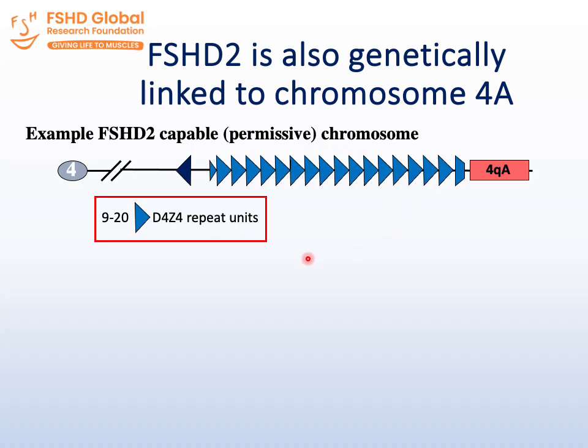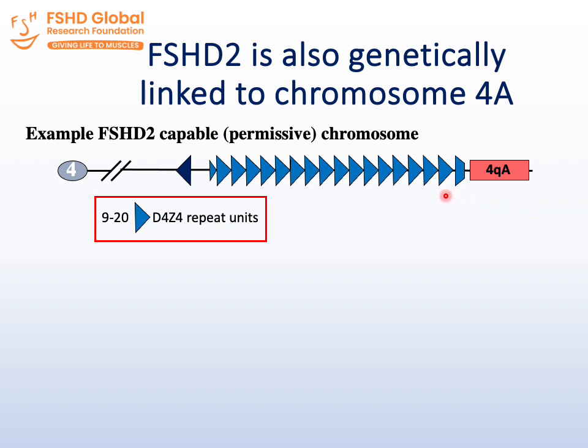Well, we used to call this a contraction independent FSHD, but that's not quite true. You don't have that FSHD1 contraction, but you do have to have this kind of mid-range D4Z4 repeat array of between 9 and 20, maybe 22 D4Z4 repeat units, and you absolutely have to have the 4A subtelomere, again, because you still need to make DUX4.